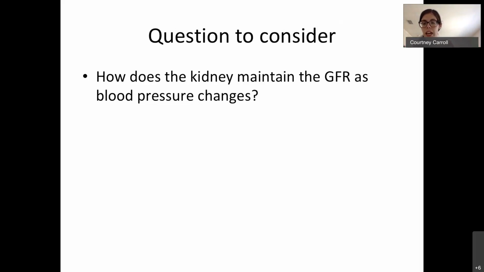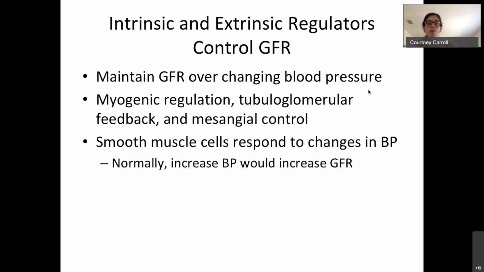And we want to maintain the same rate of stuff flowing through that filter. We want to maintain our GFR, the plasma in mL per minute moving through that filter. How do we do that if our blood pressure is changing, if we're changing the amount of force leading into that filter? Well, there are both intrinsic and extrinsic regulators that control GFR.